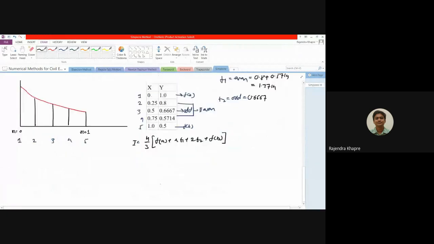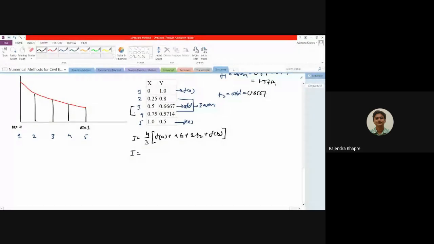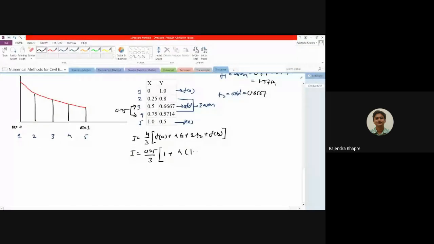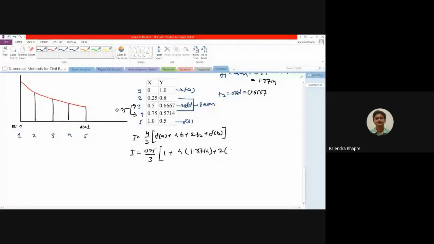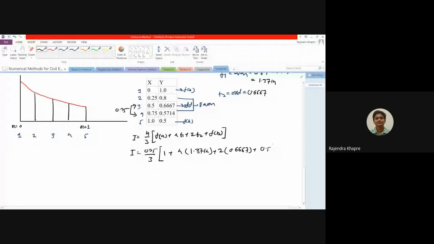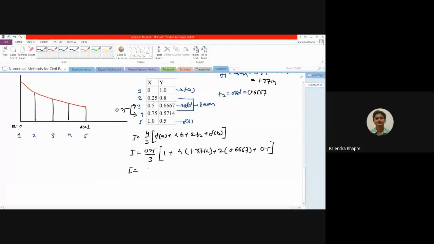So here the value of I can now be calculated. Here h is nothing but the distance between the two x values, so this is 0.25. So this is now 0.25 divided by 3. f of a is 1, plus 4 into T1, which is 1.3714, plus 2 times 0.66667, plus f of b, which is 0.5. Can anybody tell me what will be the value of I?